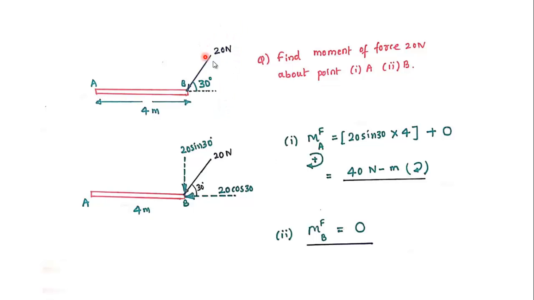We have the force of 20 Newton in magnitude, but if I have to take moment with respect to point A, I need a distance from point A which is perpendicular to the line of action of the force. Now this 4 meter is not perpendicular to the line of action of the force.